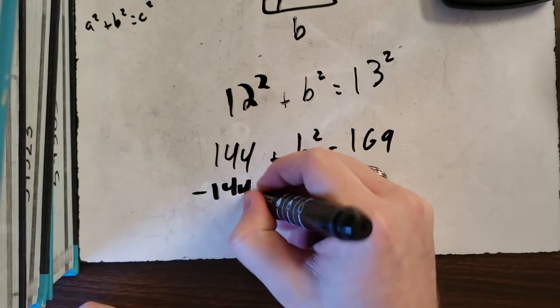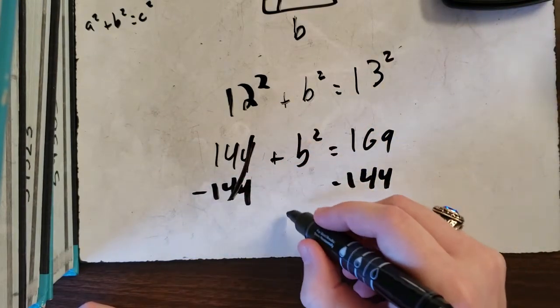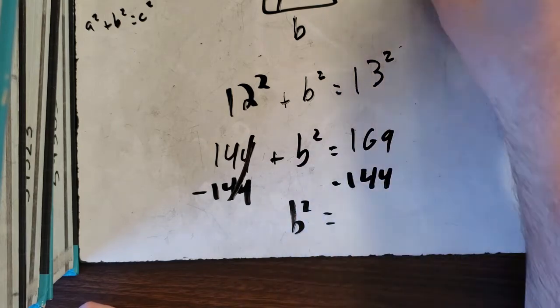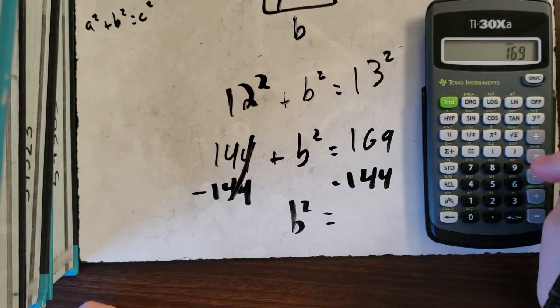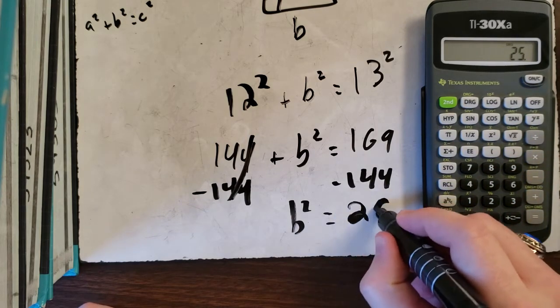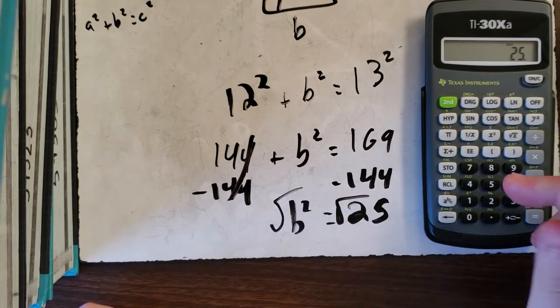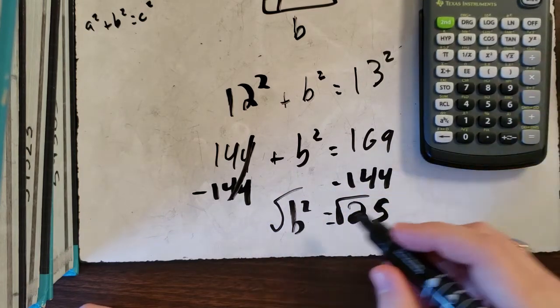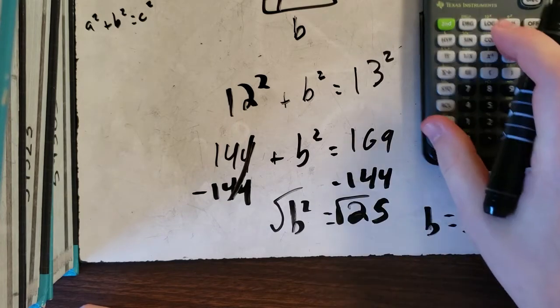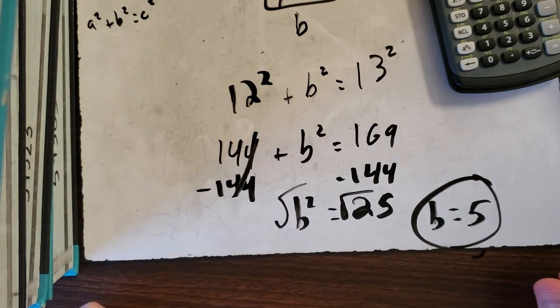Opposite, subtract 144 here and 144 there. That cancels. Bring down our B squared, and 169 minus 144 equals 25. So now our last step is the square root. The square root of 25, we know, is 5. So B equals 5. It's just working backwards, okay? So instead of adding them, you're going to subtract them and square root.